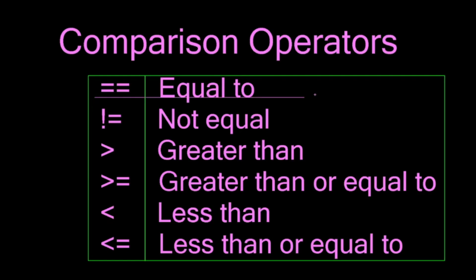When you want to use it, you should know that it finds the answer, which should be true or false, of whether one value is equal to the other value. And it depends on their values.